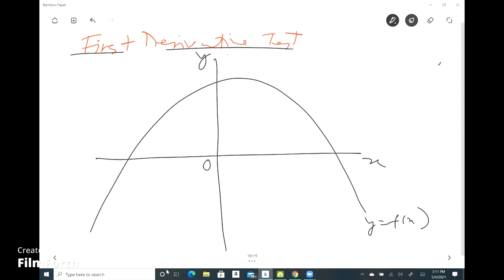Now, if you look at a curve like this, what you want to do here is identify where the y prime is positive, y prime is negative, y prime is 0. So you want to identify the place or the region or the interval for which the y prime is positive, bigger than 0, negative, less than 0, or 0.